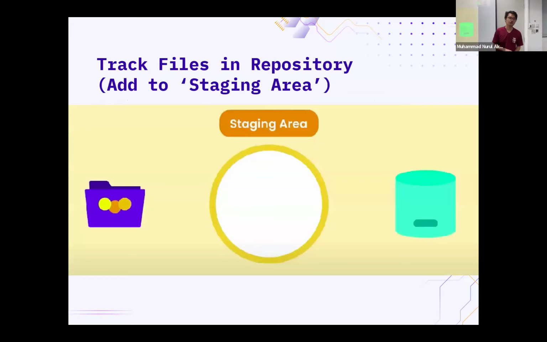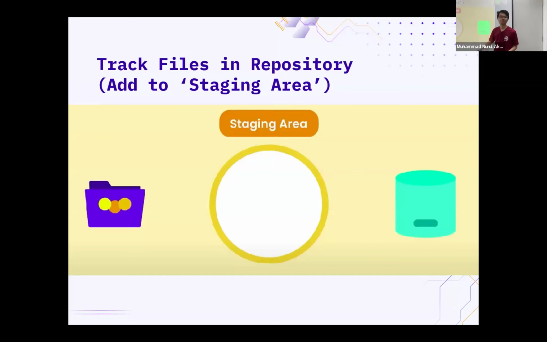So before we continue further, I will first introduce you to the three places where your code lives if you have a Git repository, a local repository, on your computer. At the leftmost, we have the purple folder. It's the working directory. The working directory is basically just the files that you have on your computer. All the code files that you store in your folder in your computer storage are your working directory.